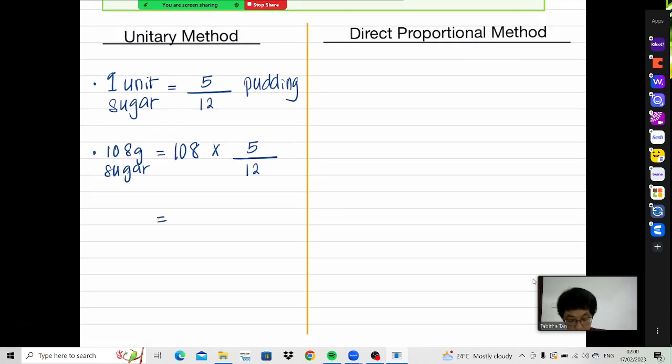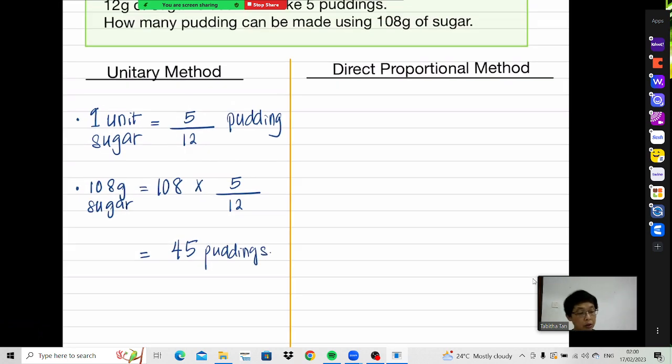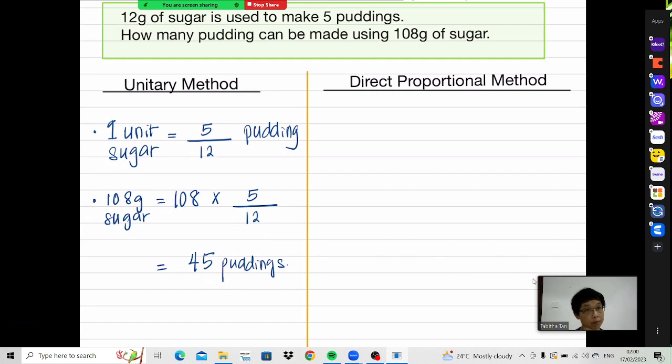Then go to the calculator, 108 times 5 divided by 12, and tada, you got for yourself, yes, 108 grams of sugar can make 45 puddings.